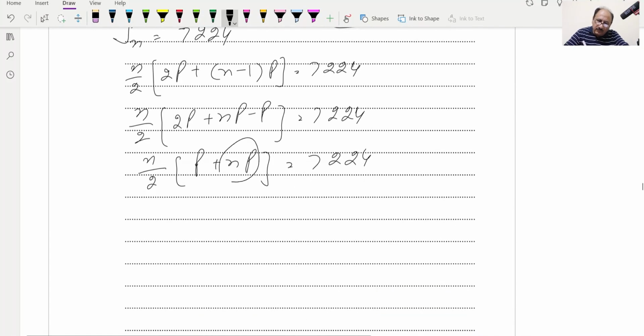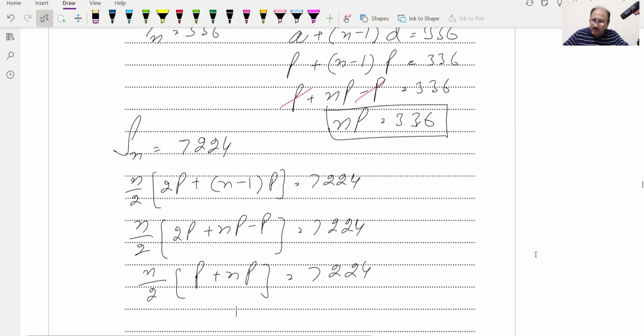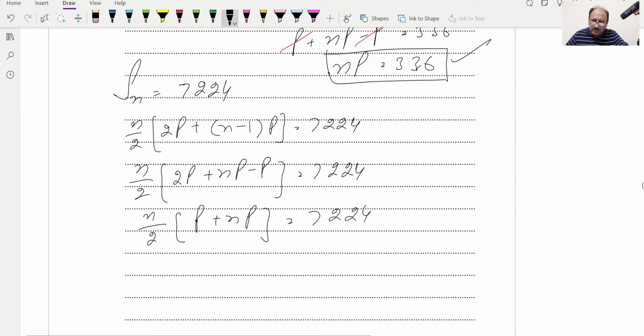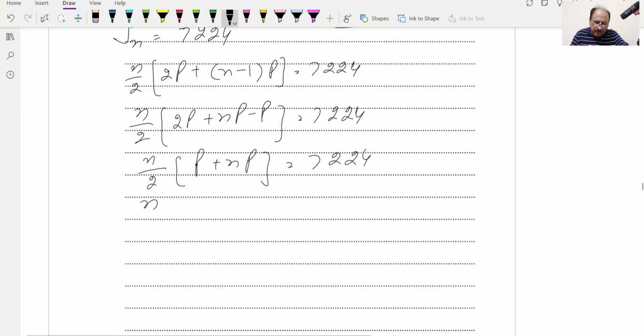Now this np can be replaced by its value which we just found over here, and this value 336 we can replace, and we will get n by 2 into p plus 336 is equal to 7224. Now we can multiply this n by 2 inside, and this will be what?